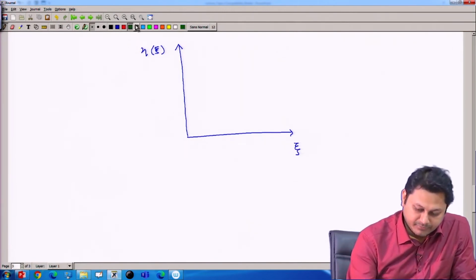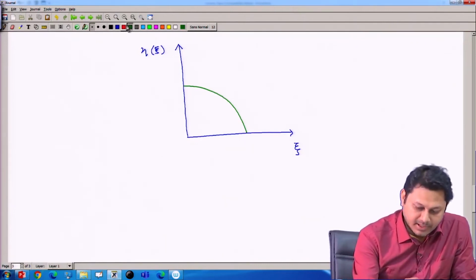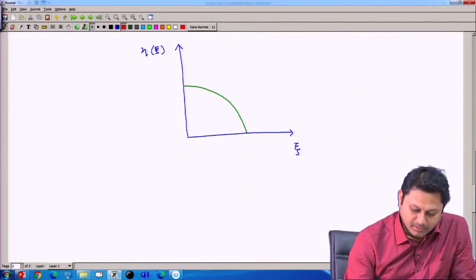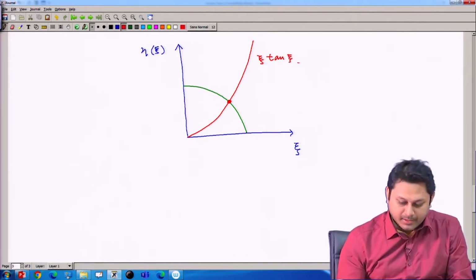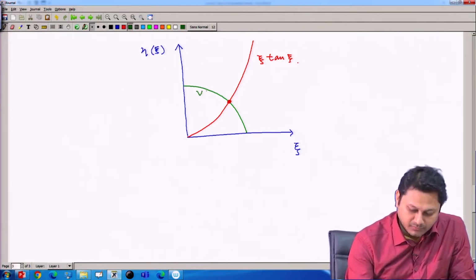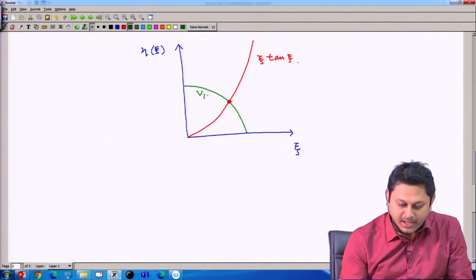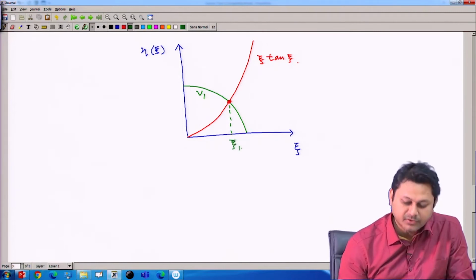I have a circle here, and then I have xi tan xi, this is xi tan xi, and this is for some value, say v1, and for v1 I have a solution, say eta 1. So, eta 1 is a solution for v1.